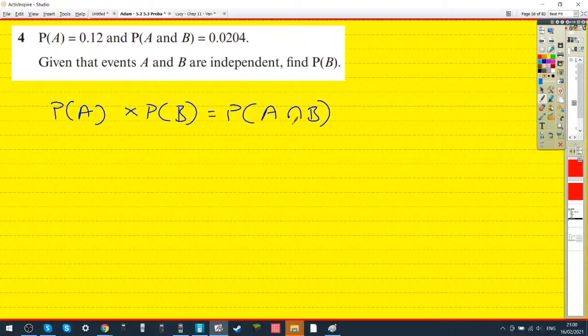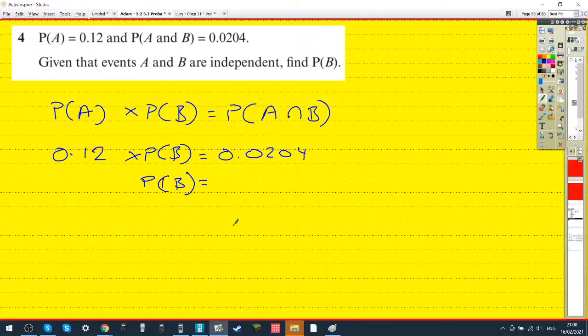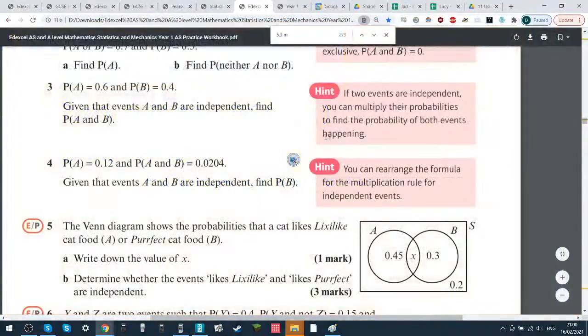Sub in. So it'd be 0.02 times B equals 0.0204. Yep. And then you divide by 0.12 on both sides. Yeah. Which is 0.17. 0.17. Great. Just watch out for that.